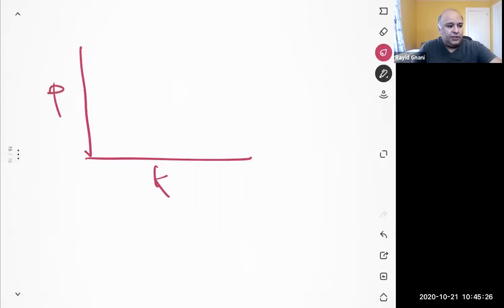One, at a very high level, is, let me share my iPad. Remember this graph that we talked about, this is K and this is precision, and that's recall.